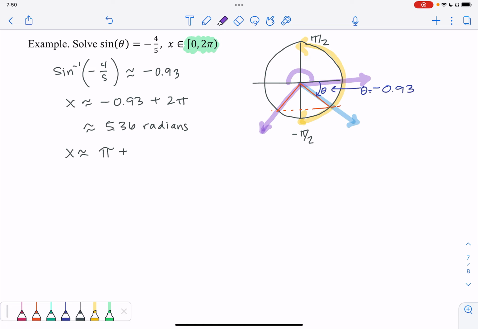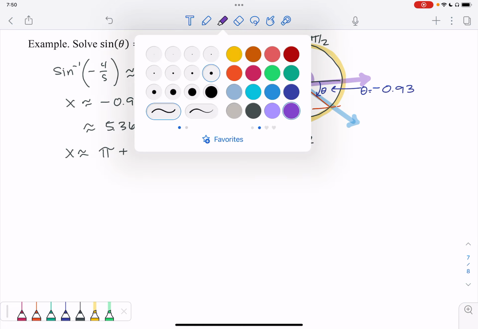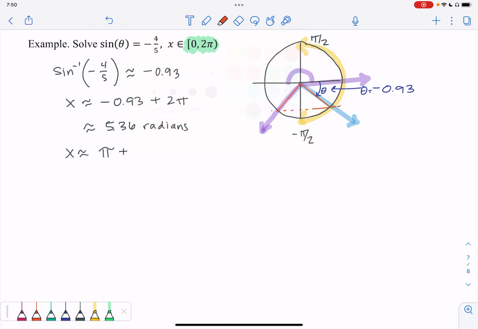Well, this angle that I found originally using sine inverse, let's look at this as a piece of a pie, like a pizza slice. It is negative 0.93 because I'm labeling it in standard position and using a direction to show it. I went in the clockwise direction, so it's negative. But the actual size of it, like a chunk or a piece of pizza, is 0.93, so it's the absolute value.